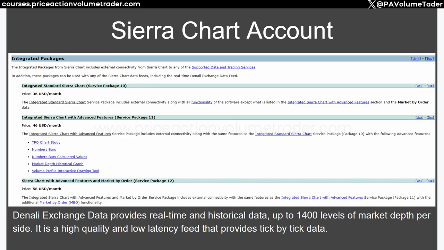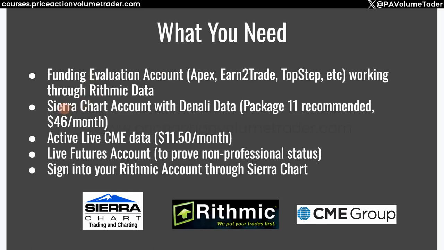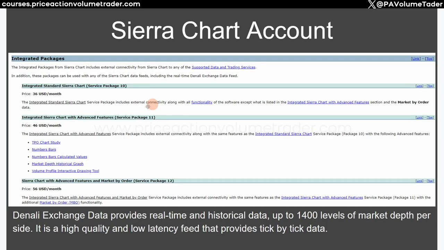So now let's talk about the Sierra requirements. So first, like we talked about, you need a Sierra Chart account. They do not offer any free accounts, so you're going to have to pay for it. And they have a basic package, which is package 3 or 5.